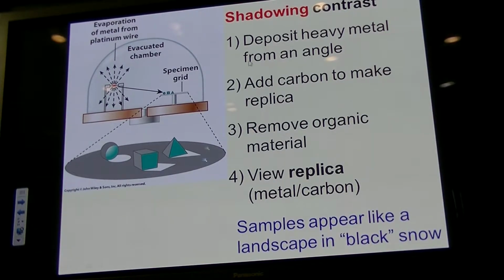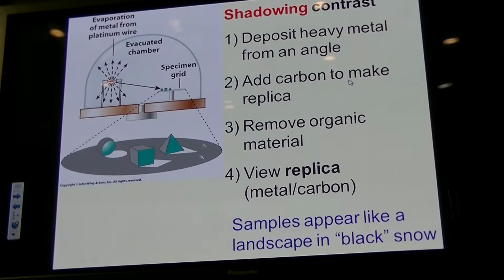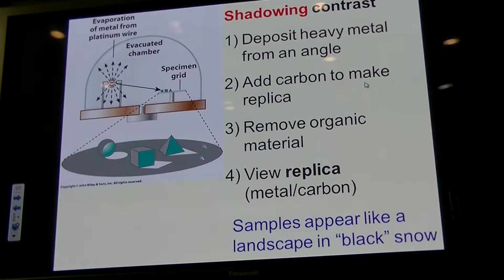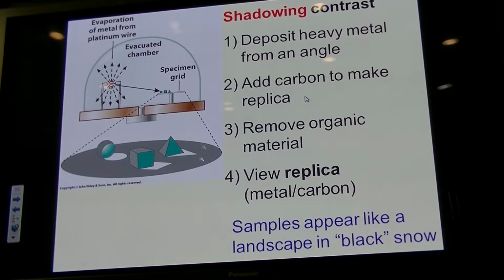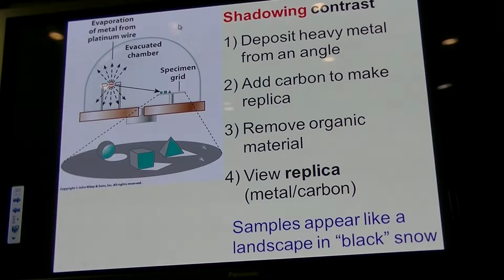Okay, so what we do is we deposit the heavy metal from an angle, and you need to get this into the EM later. So what you have to do is you have to keep that shadow image together. And to do that, you add a thin layer of carbon, and that carbon comes also from a source that's heated, but we rain it down, so to say, straight from the top. Everything gets covered. The carbon just serves as a glue.